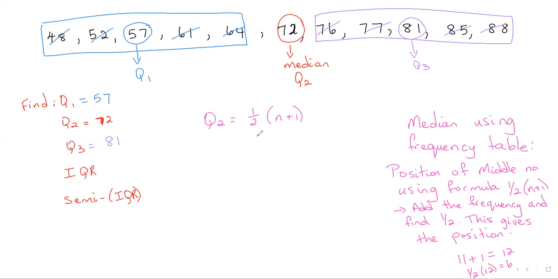That number that you find, that 6, is not the median, it's the position. So I go through my frequency now and I locate which one of the numbers is in that 6th position of the frequency. And in this case, I got 72.